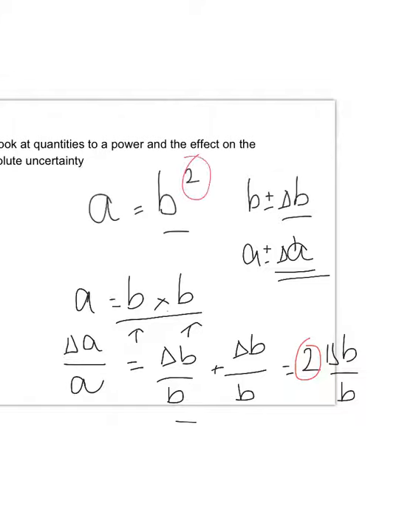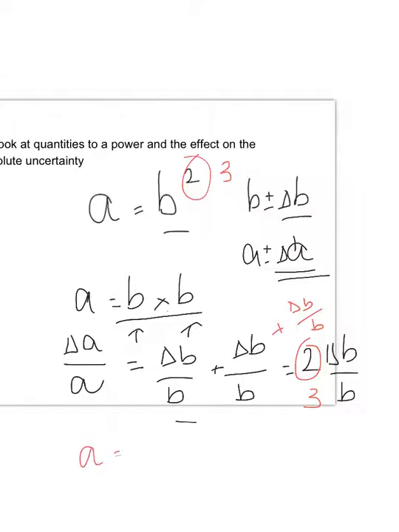Now that's not a coincidence, and in fact we could apply this to further examples. If the power was 3, then you would have an extra fractional component here, and you would see that this was in fact a 3 as well. So there is a general rule.